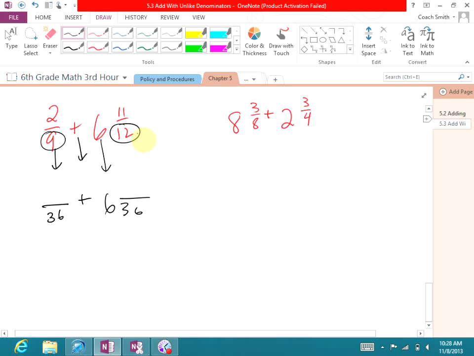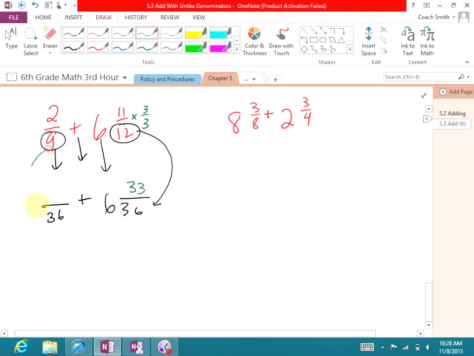Okay, now, what did we do to 12 to make it 36? Multiplied by 3, the top and bottom. That is where some of you are making your mistakes. You're just coming up with 36 on the bottom, and you're leaving the top number exactly the same. You can't do that. That's not an equivalent fraction. Okay? So I have to have 33 on the top.